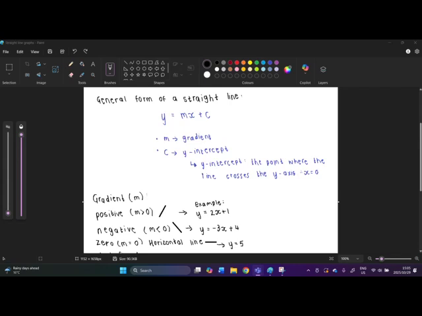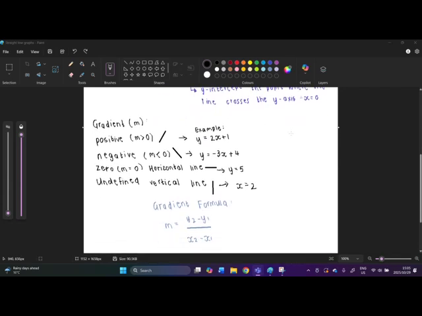Okay, so gradient. We know that when there's a positive gradient, it looks like this. For example, here the 2 is positive. A negative gradient goes downwards. For example, here, -3 makes it a negative gradient, because the coefficient of x represents the value of m, right? When your gradient is 0, it's a horizontal line, and anywhere on that graph it won't touch the x-axis.